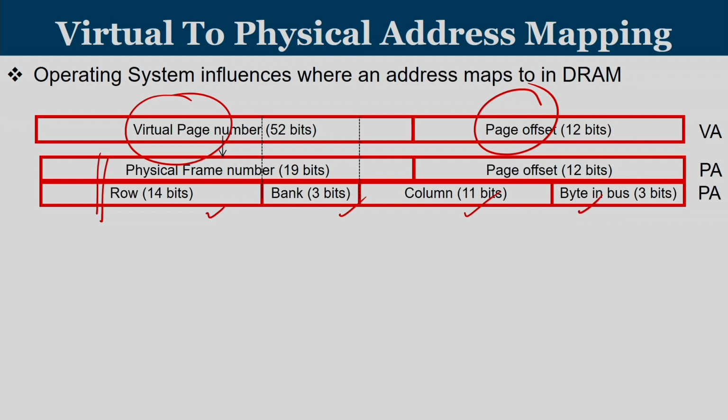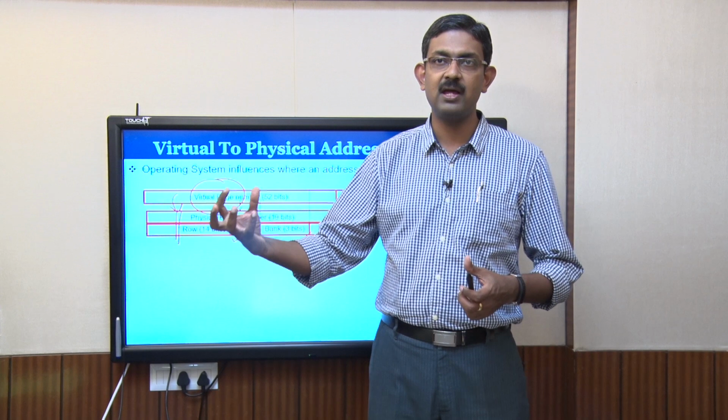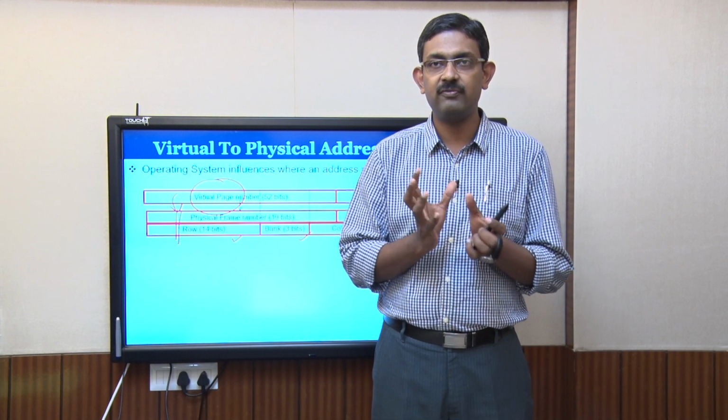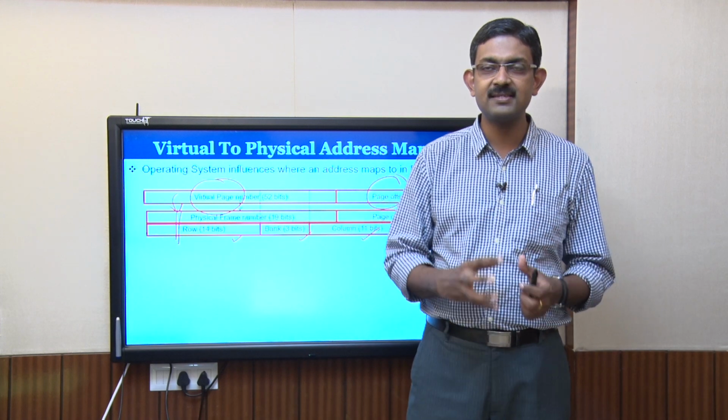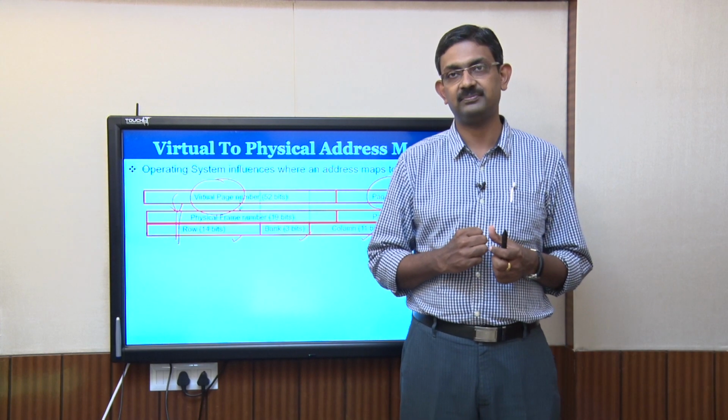So there is a process by which a virtual page number is translated to a physical frame number, and that is given by the operating system. You bring a chunk of data from the secondary memory and place it inside main memory. The address of the chunk of data, once it is residing inside the main memory, is known as the physical address.